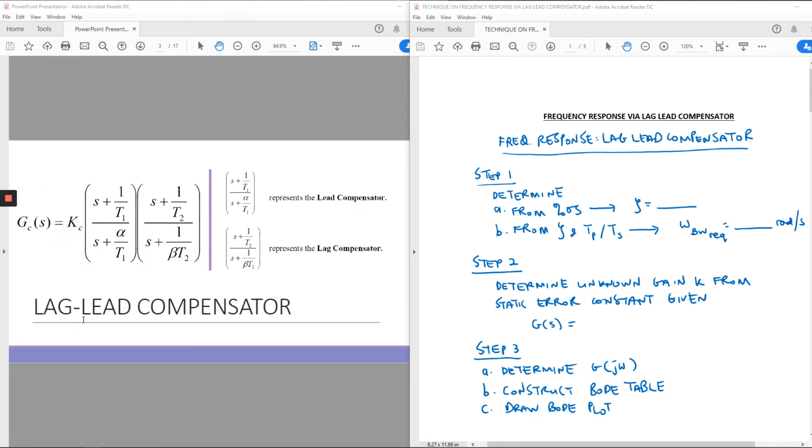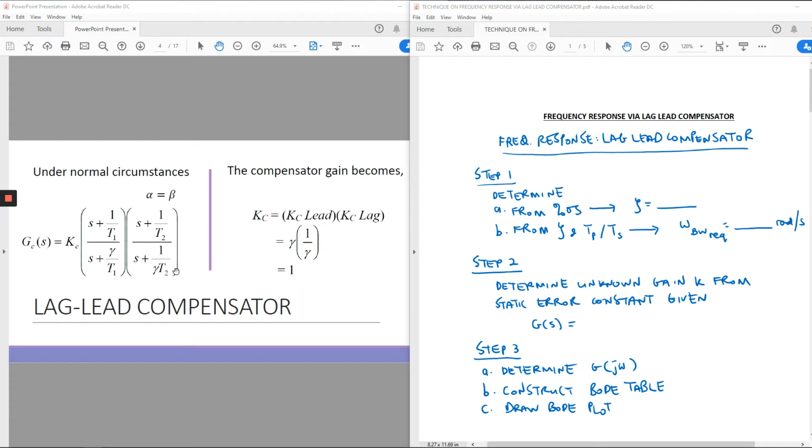So this is the lead compensator transfer function. This is the compensator transfer function. KC is the overall gain, and this is for the lead compensator, while this is for the lag compensator. In this case, alpha is equal to beta.